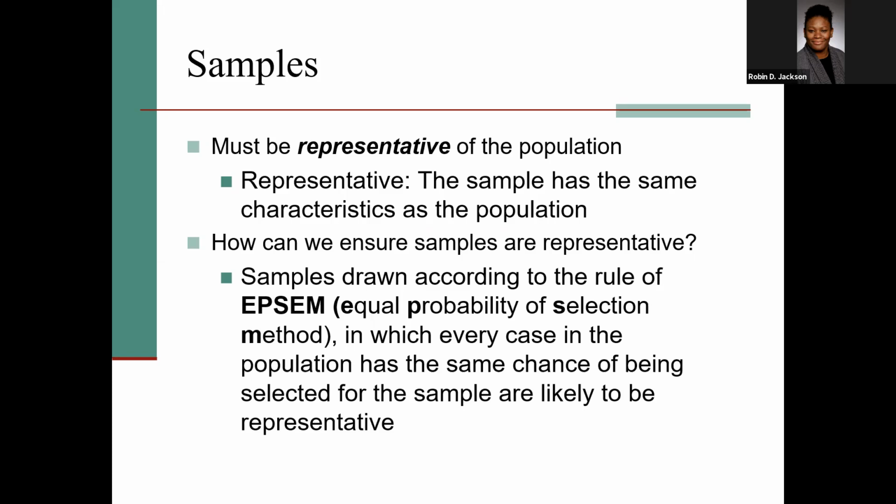This is another example of representativeness. So for instance, if the population of a town is 55% female and 45% male, the sample should consist of a similar percentage of males and females. Now, keep in mind that the more heterogeneous, and that would mean different, dissimilar, or diverse a population is, the more likely the sample may not fully represent or describe the population.